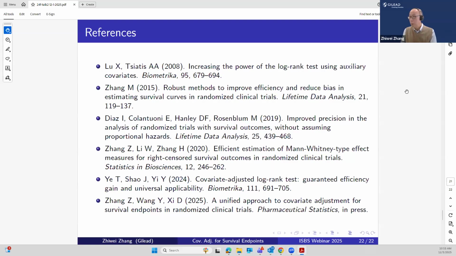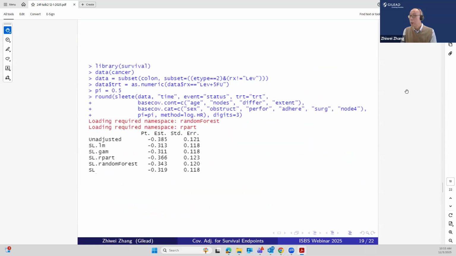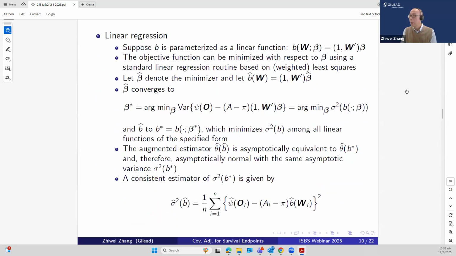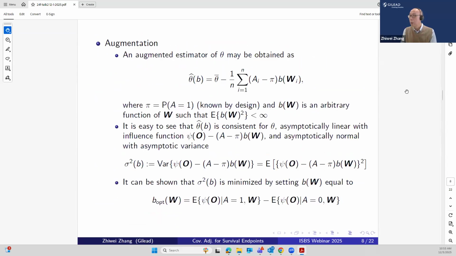Okay, here we go. Yeah, this is the expression for the optimal augmentation function. It's quite a standard result, available in many publications.